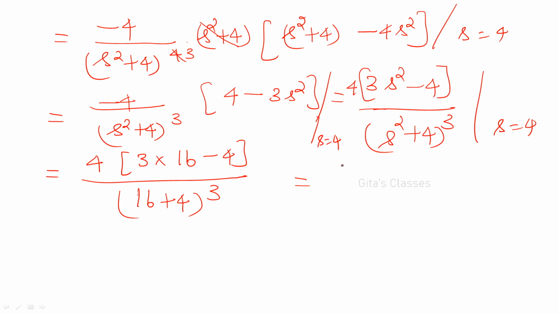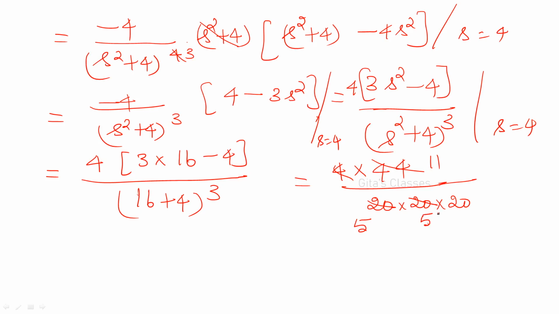That is 4 into 48 minus 4. So that is 44 divided by 16 plus 4, so 20 into 20 into 20, so that it will be easy for simplification. This will be 5 and 44, 4 means 11, again 5, right?